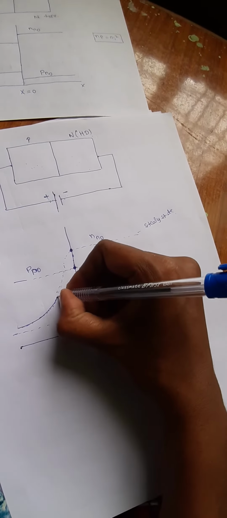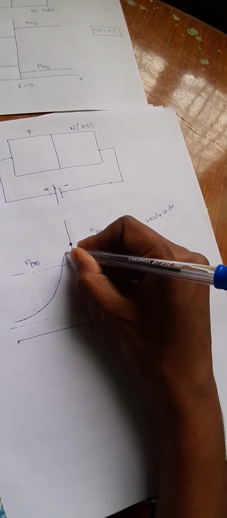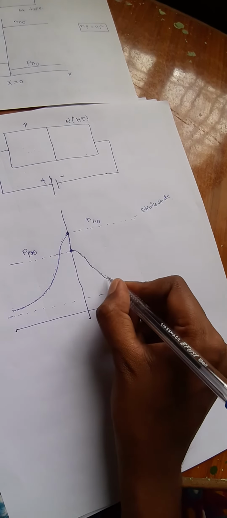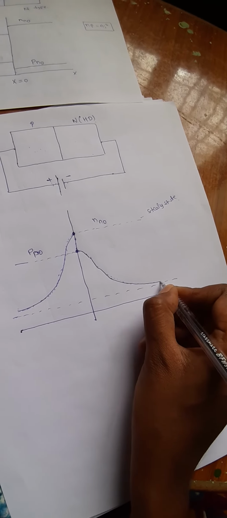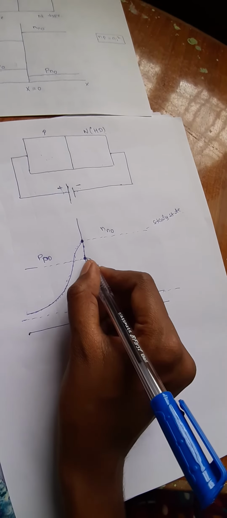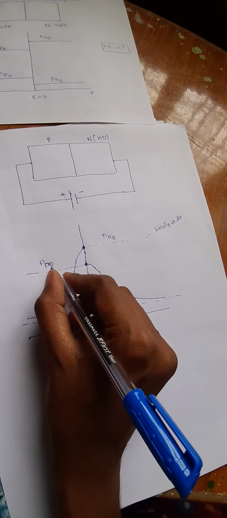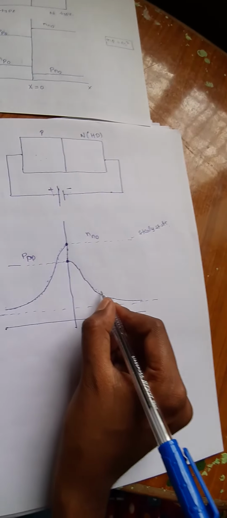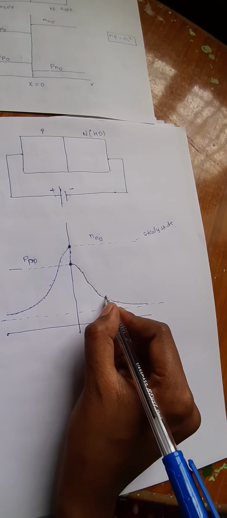This solid line is for n type, and this is for p type, and it decreases exponentially. First of all, we have majority carriers over here, and those are the holes for a p type material. At the junction the concentration will be more, and this will be injected into this n type material, the n side.